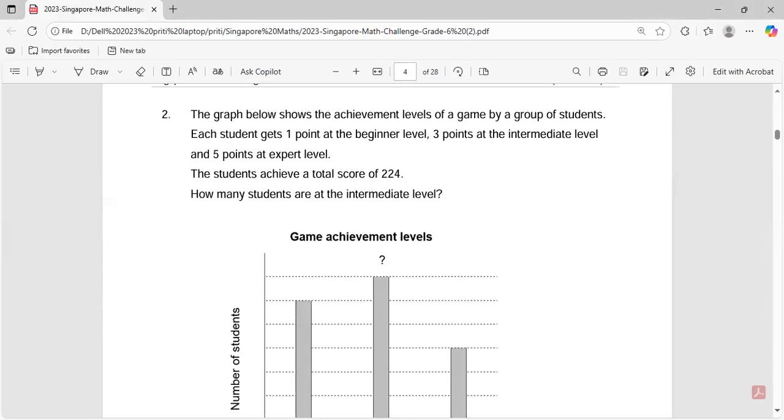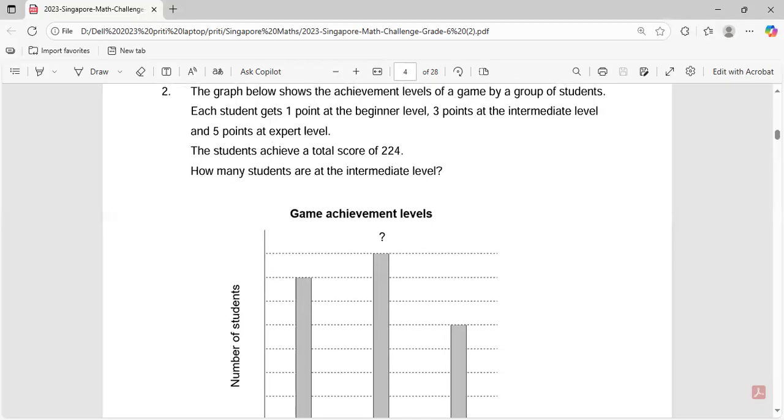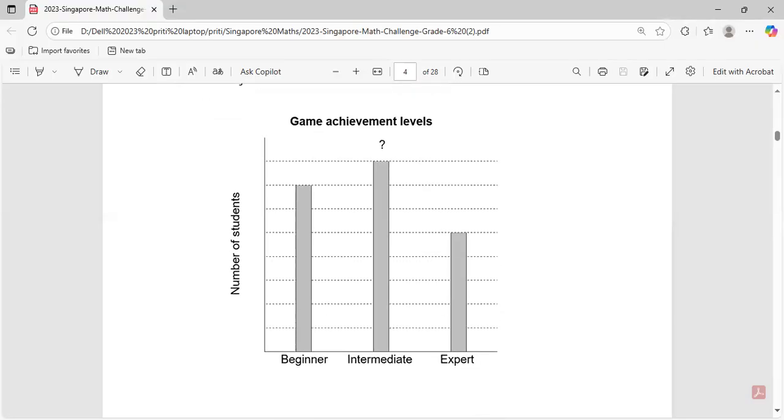The graph below shows the achievement levels of a game by a group of students. Each student gets 1 point for beginner level, 3 points at the intermediate level, and 5 points at expert level. The students achieve a total score of 224. How many students are there at the intermediate level? So this is the graph, for number of students.